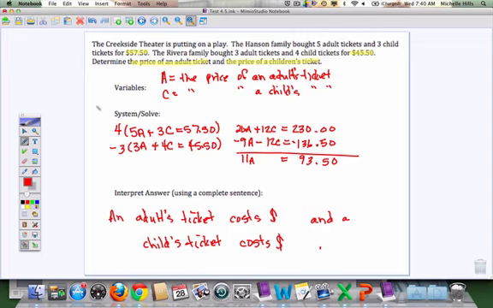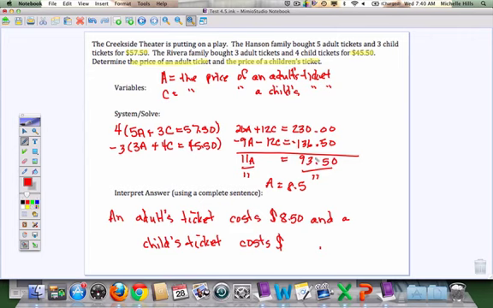Then, when I divide both sides by 11 to solve for a, I get a equals 8.5. Now, some people thought they did something wrong when they got this decimal. You can't buy a fractional or decimal amount of tickets, but this is the price of an adult ticket. So an adult's ticket costs $8.50.